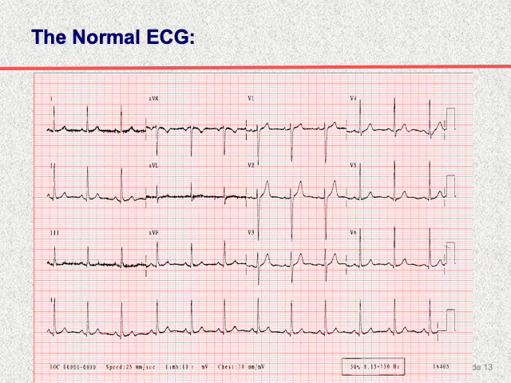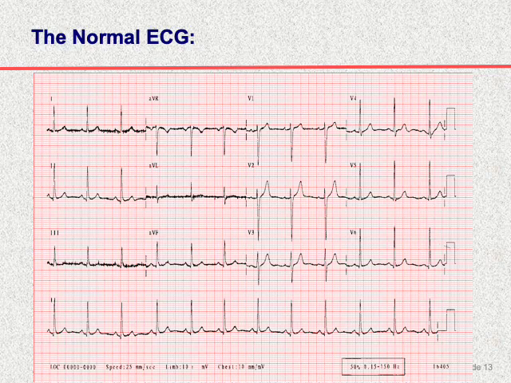P wave upright in lead 1 and 2, each P wave followed by an R wave with a normal and constant PR interval. And also the rate is around 75, and it is regular. So this is normal sinus rhythm, and actually this is a normal ECG.